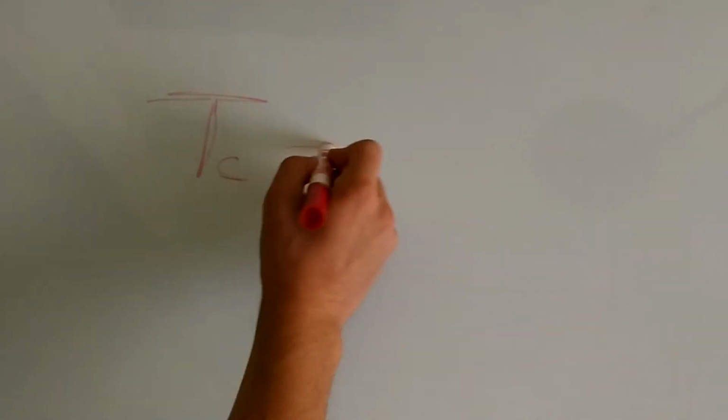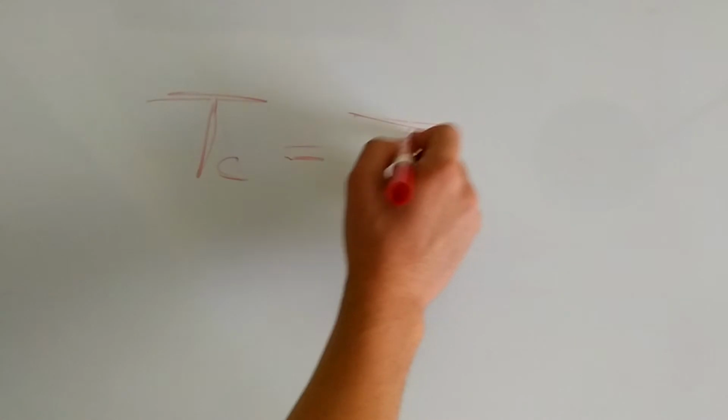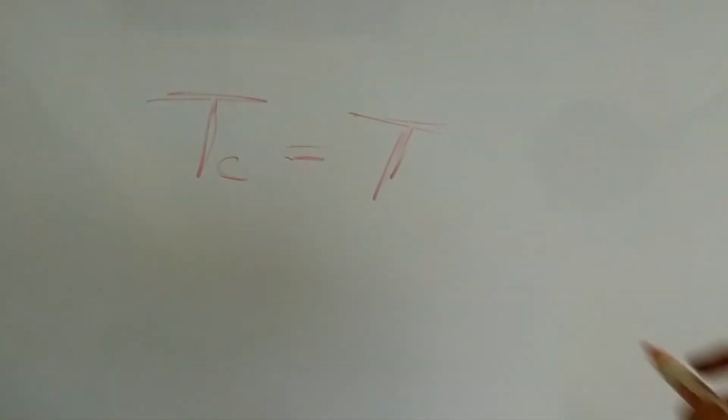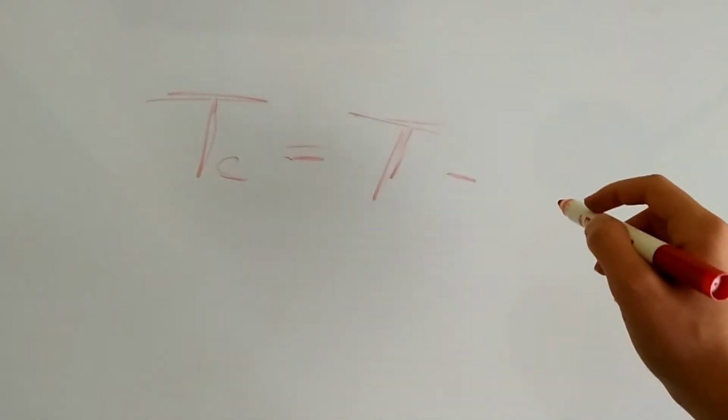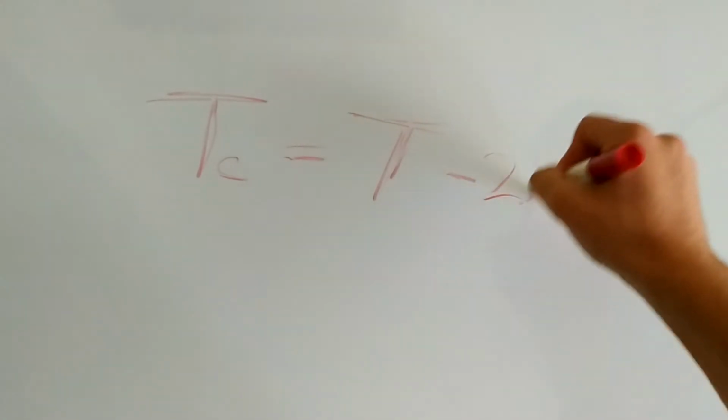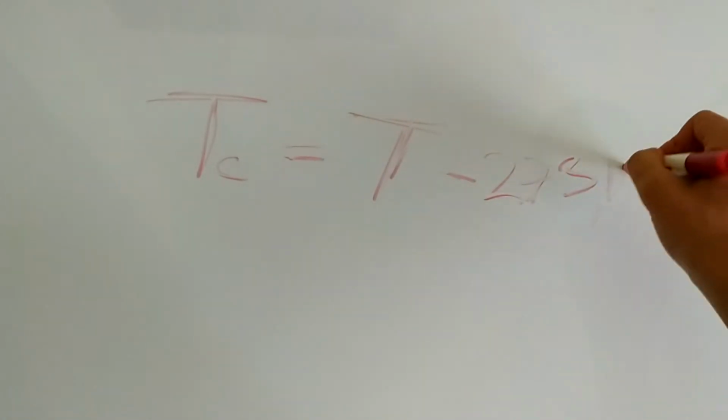So if you have a temperature given in Kelvin, we can transform it into Celsius by subtracting 273.15 from the temperature in Kelvin.